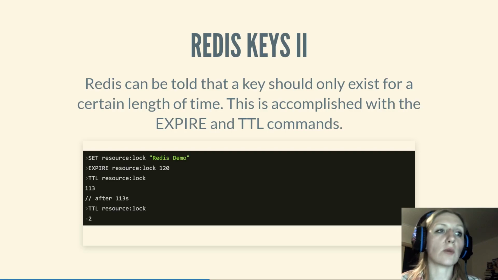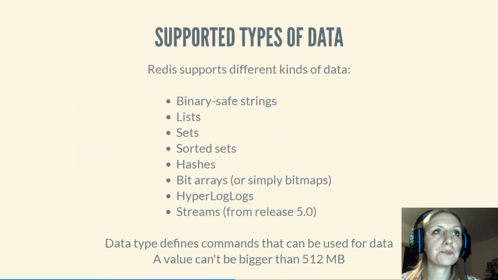We got the result 113 seconds, and then we checked it once again after a long period of time and got -2. That means that this key does not exist anymore. It was destroyed. In case we get -1, that means that key will never expire. It has no expiry time.